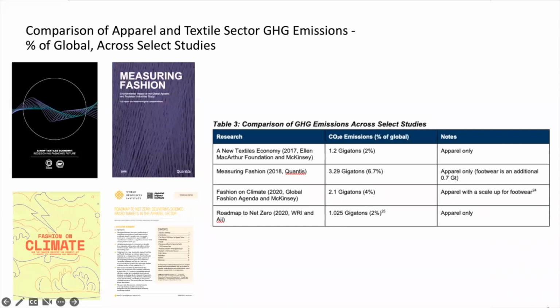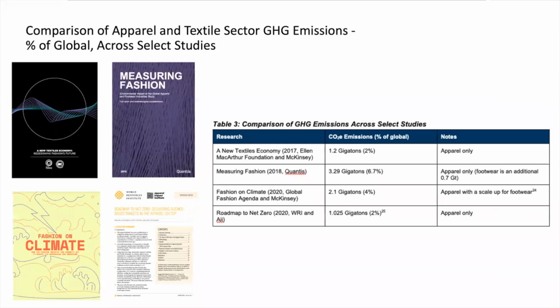So just to give a sense of the scale of the contribution of the apparel, textile, and footwear sector to global greenhouse gas emissions or climate impacts, a number of studies have been done that have tried to create estimates around this: what is the global apparel industry's contribution to global climate impacts?